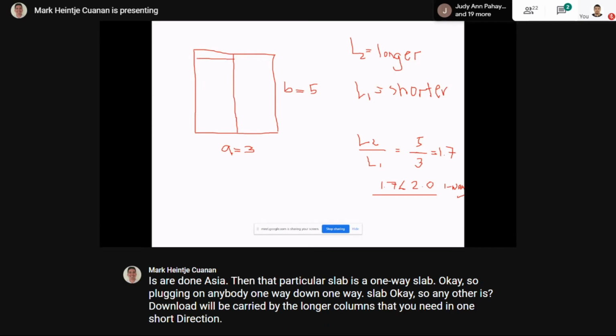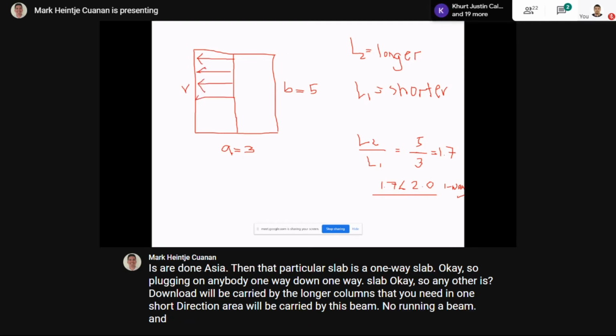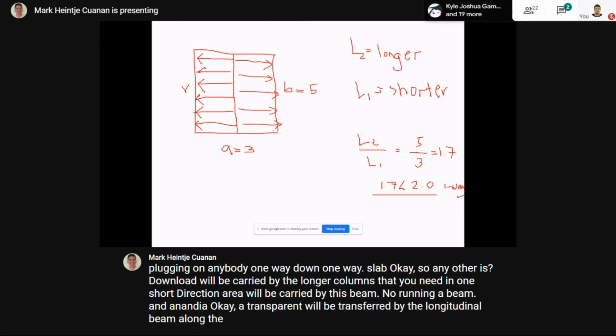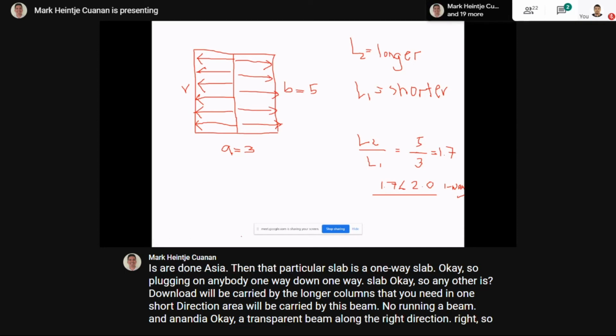So kani nga area will be carried by this beam, and kani nga beam ang mo-carry sa tanan padulong diri. So i-transfer niya ang load padulong diha nga beam. On the other hand, kani sa diri nga portion will be transferred by the longitudinal beam along the right direction. So that is for one-way slab.